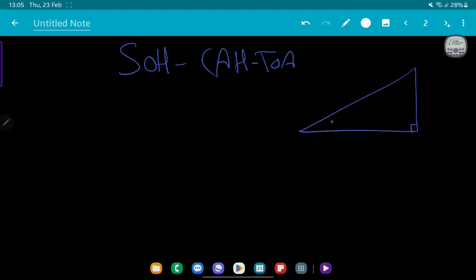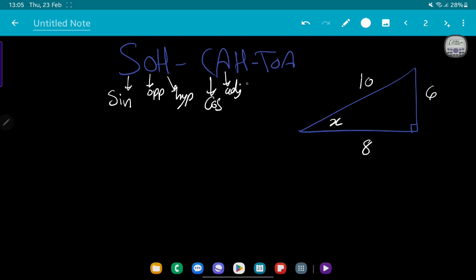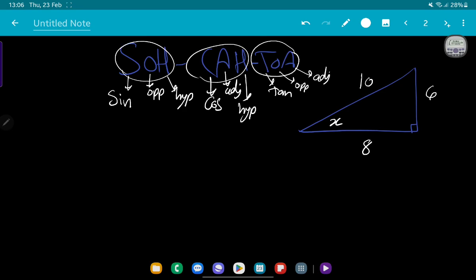For example, if we have this angle x, and this is, for example, 6, and this is 8 and 10, sine is opposite over hypotenuse, cosine is adjacent over hypotenuse, tan is opposite over adjacent. So, SOH CAH TOA.